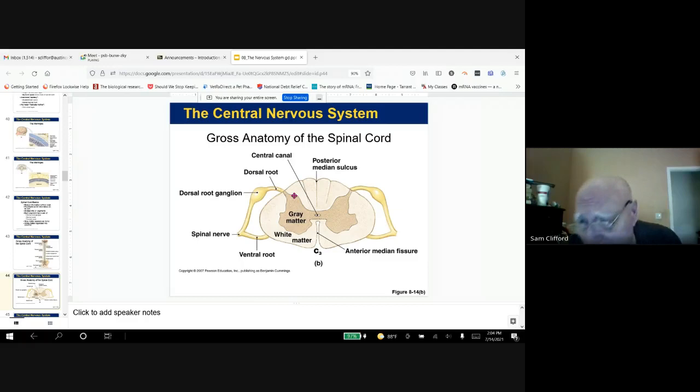Okay, so where are we right now? 204. We'll keep going a little bit. So the gray matter of the spinal cord is on the inside, whereas the gray matter of the cerebrum or the cerebral hemispheres is on the outside.